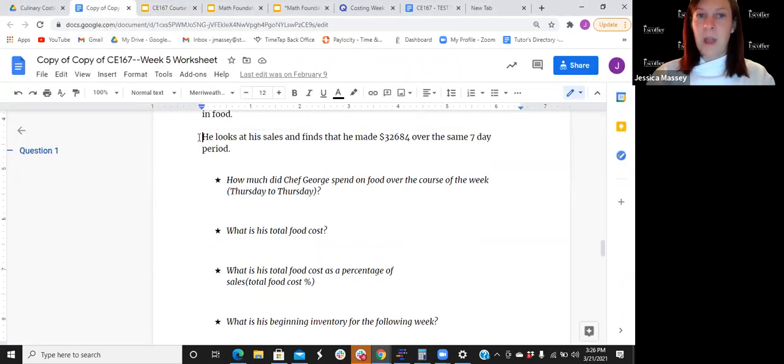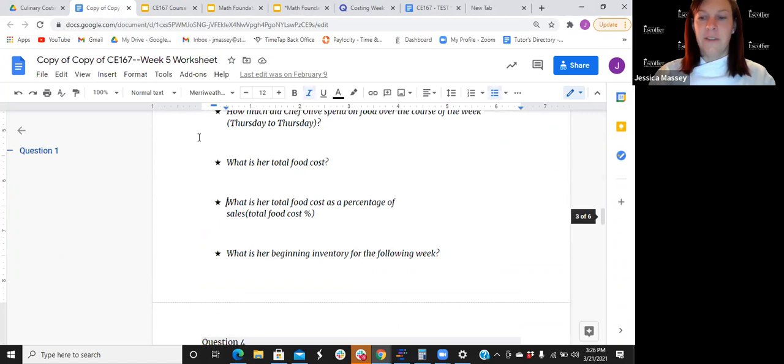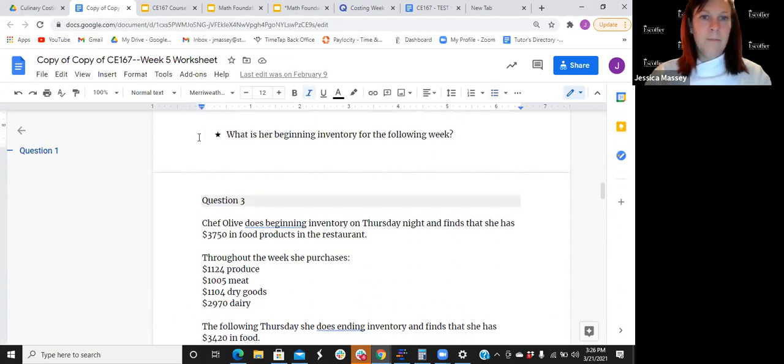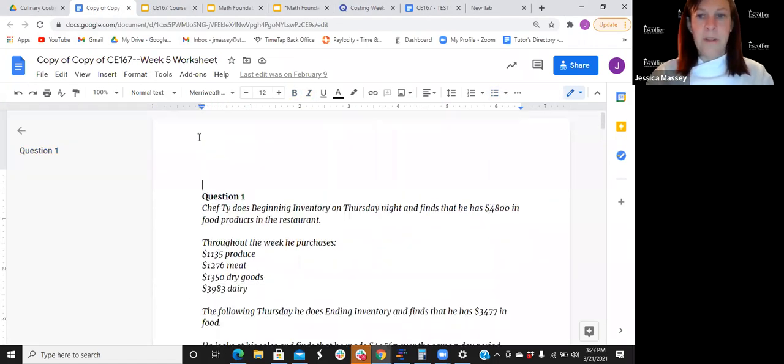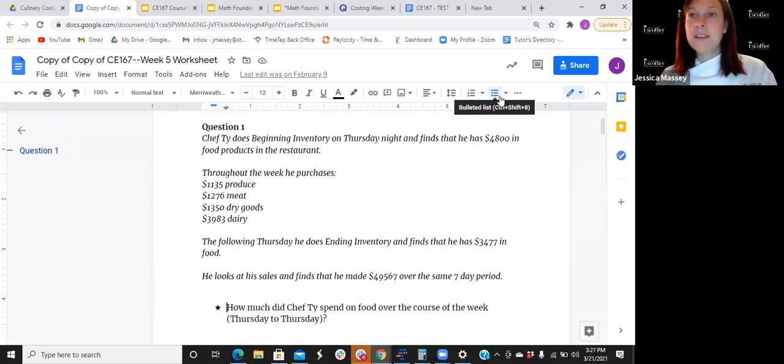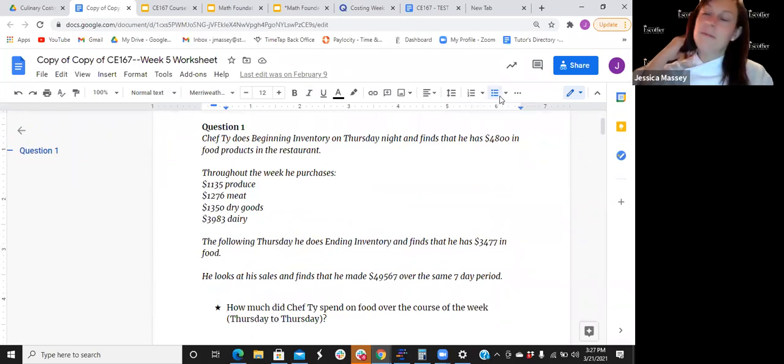Let's jump into some practice problems and work through these together. I don't know why I'm on question 4, but let's jump to question 1. So again, I swear I sound so repetitive, but it's okay. All this stuff that you guys are working on, especially this week, it's very wordy. Looking at this problem, this is a lot of information.